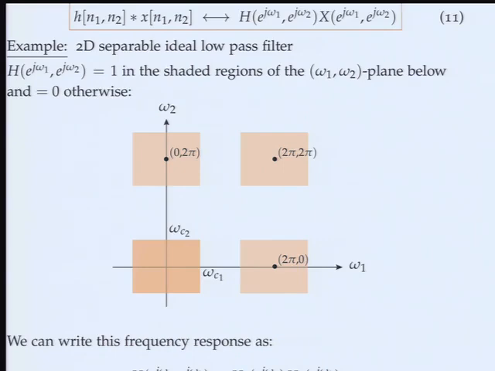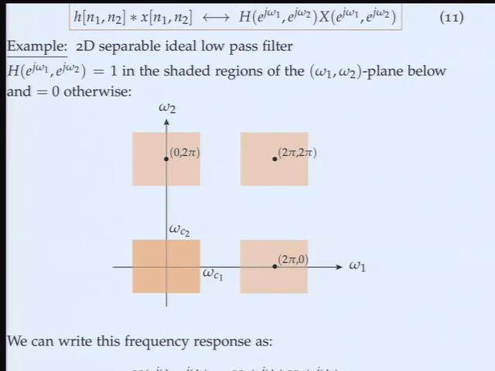When h is separable, it can be written as h of n1 times h of n2, and the Fourier transform can be separated as well. Likewise, we can go backwards. If this Fourier transform is a product of 2 independent functions of omega 1 and omega 2, I can go back and multiply one-dimensional inverse Fourier transforms.